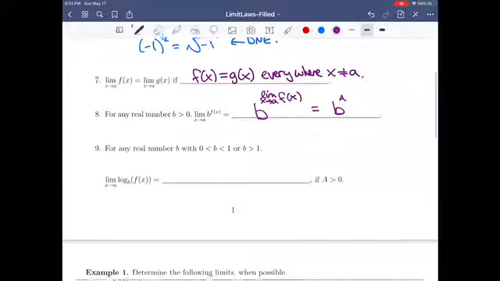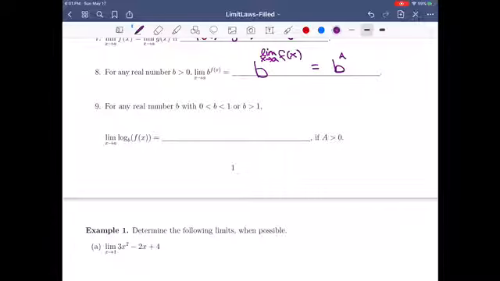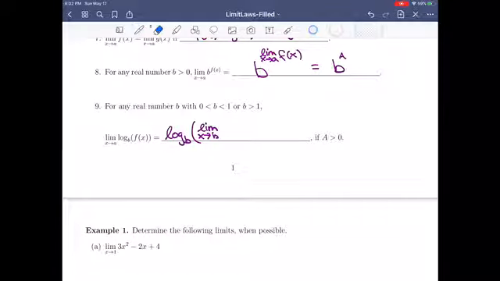Okay, and similarly, we haven't done a lot with logs, but if you have base b, so in order to be an allowable base, it has to be between 0 and 1 or bigger than 1, so positive and not equal to 1 is what that says. And we want the log base b of f of x. What you can do is bring the limit inside the log. x goes to a, not b, of f of x.